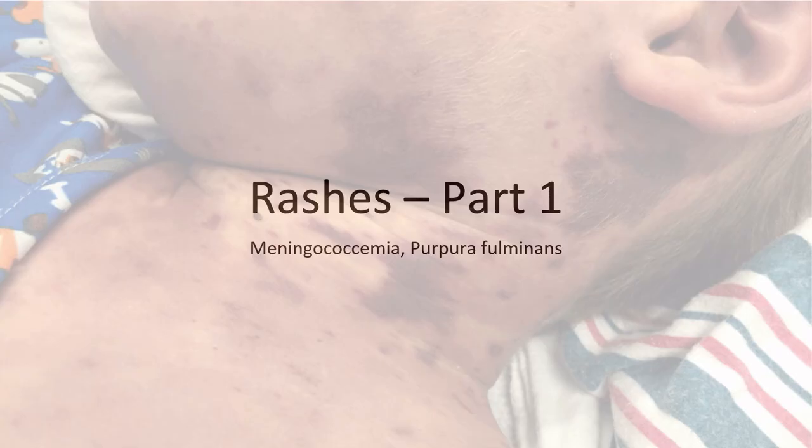I'm not going to give examples now because this is going to be a task for you in our priming, to think about cases where you have encountered rashes as symptoms for certain viral or bacterial infections. And we'll get going with part 1 now, which is on Meningococcemia and Purpura, more specifically Purpura fulminans.